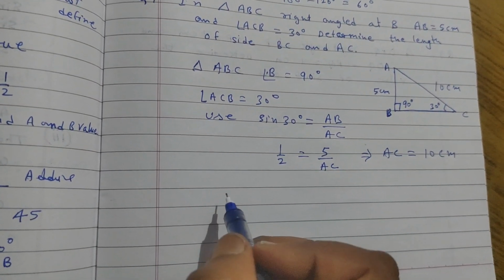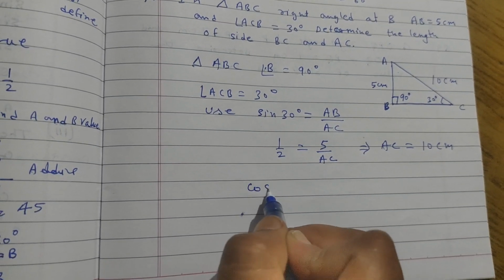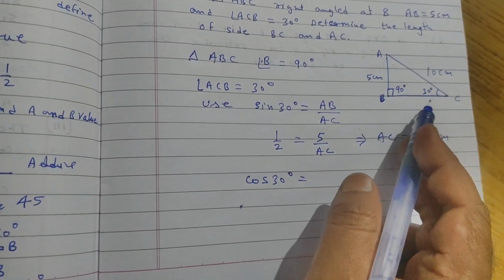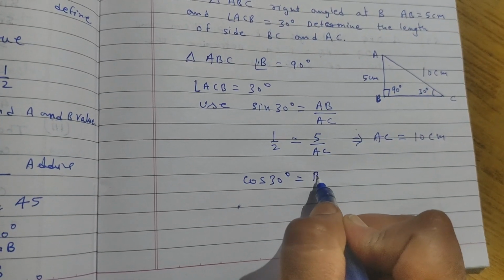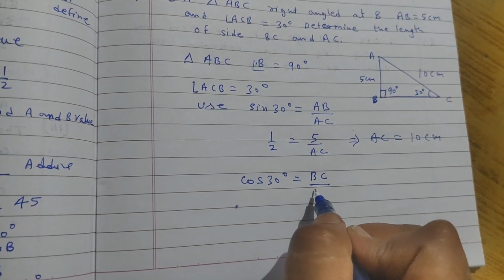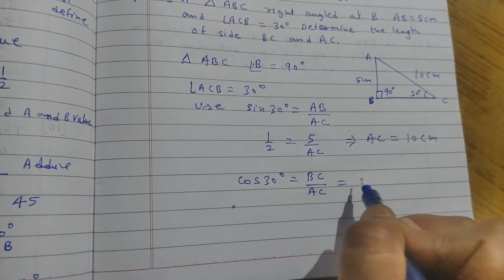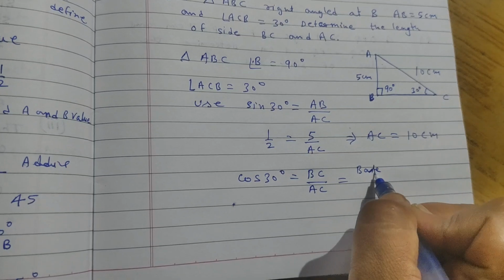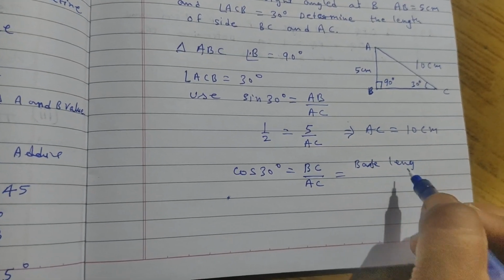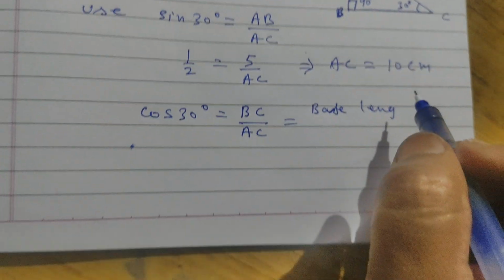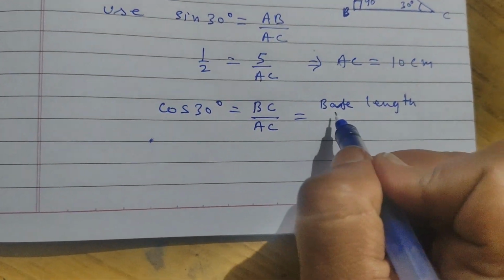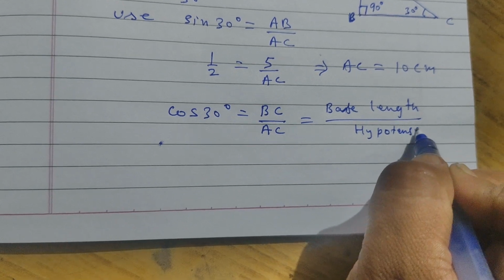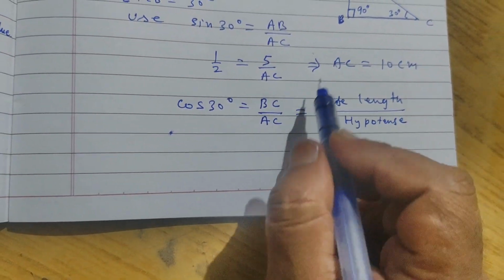And here we use cos 30, BC over hypotenuse AC. BC is the base length upon hypotenuse. So base is BC.